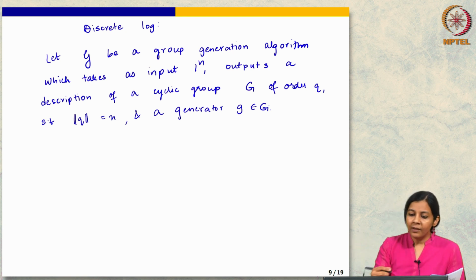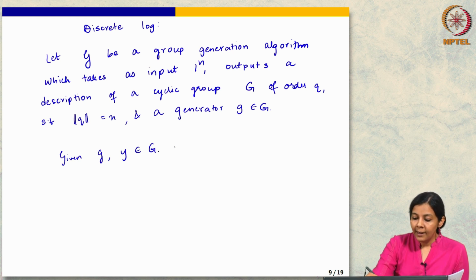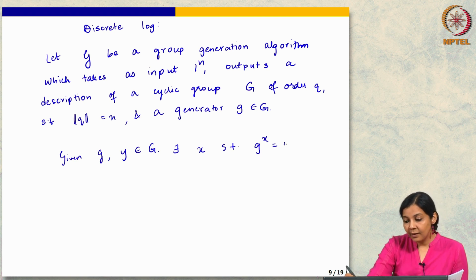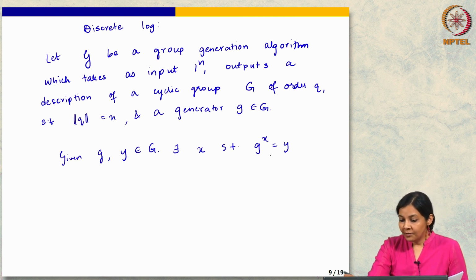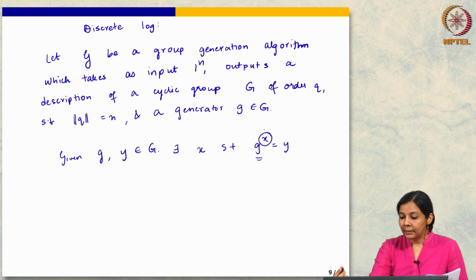Given a generator g and some y in this group, there exists some x such that g to the x is equal to y. This is because g is a generator, so by definition I can use it to generate y. This x is called the discrete logarithm of y relative to g.